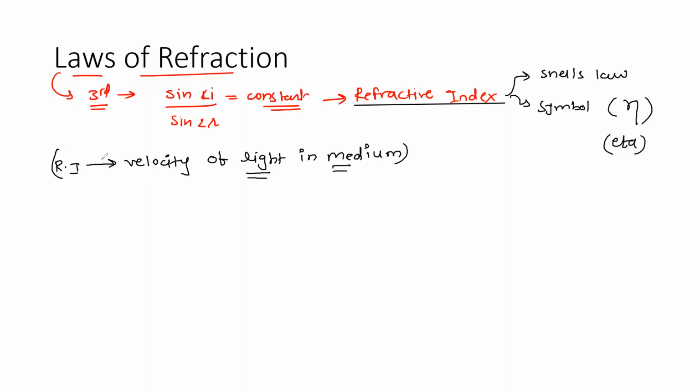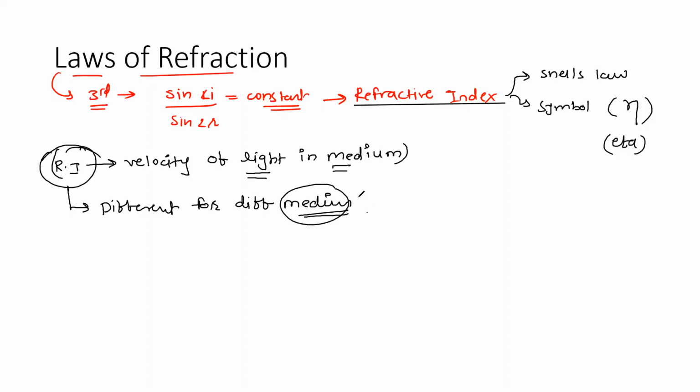That's why the refractive index is a value which is different for different mediums. देखो इसका मीनिंग क्या हो गया? It means each medium has some individual refractive index value, right? Why? Because in each medium the light का velocity will be different. Clear with this?